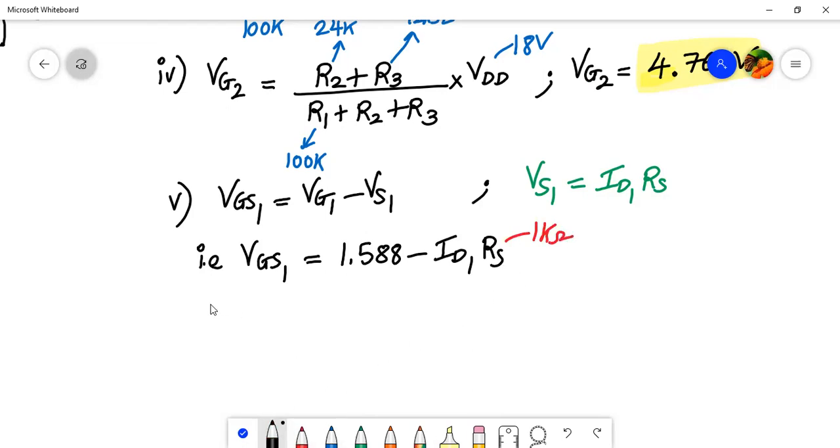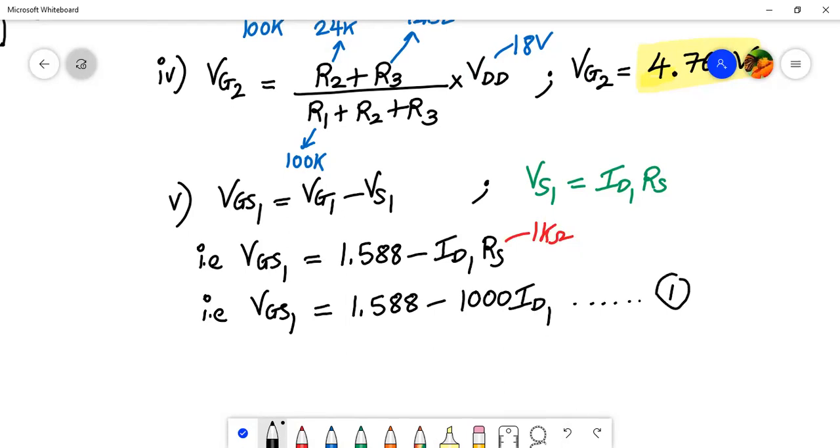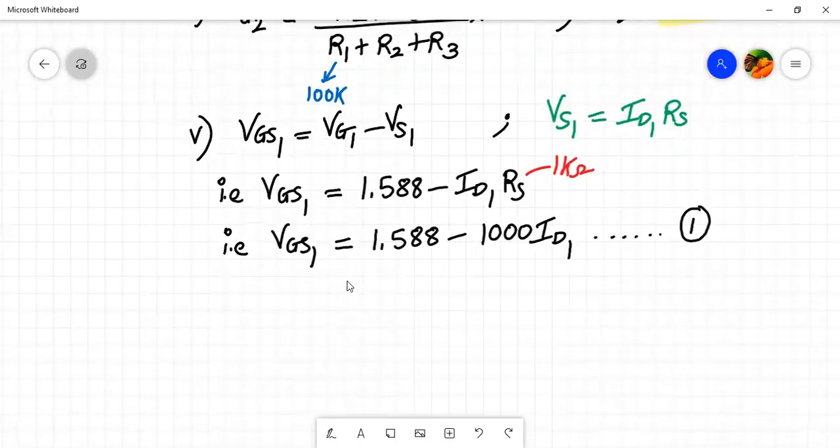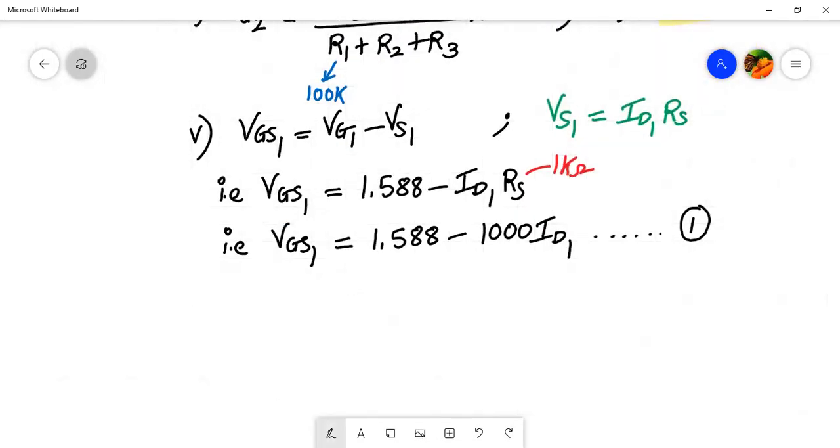So we can rewrite this as VGS1 is equal to 1.588 minus 1000 times ID1. So this we call equation number 1, right? Because we have to find two unknown values, ID and VGS, we will require two formulas, two equations basically.